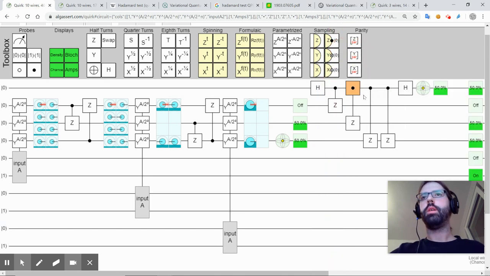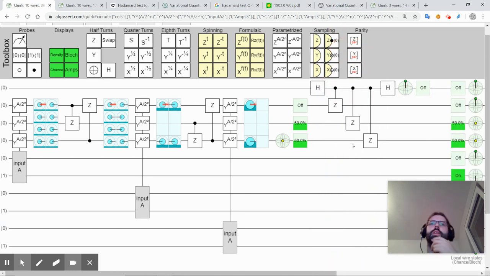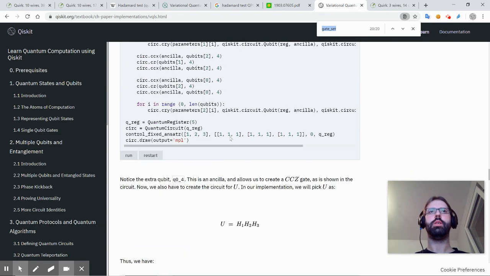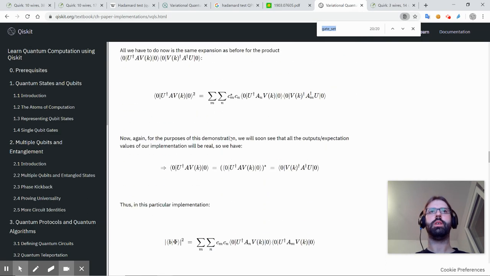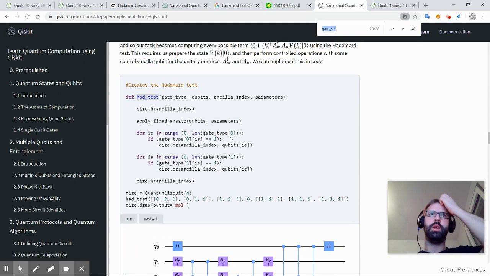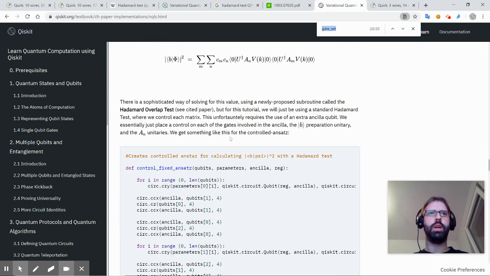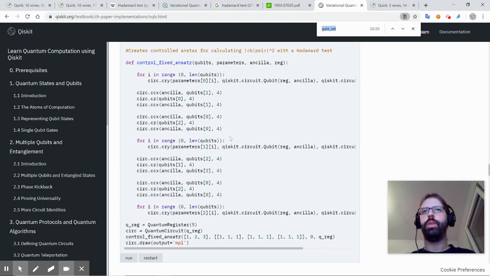Yeah, but now we understand the Hadamard. This is not done like that. Okay, so there's some extraction going on here. And then there's this beast, this other component that is the controlled fixed ansatz.